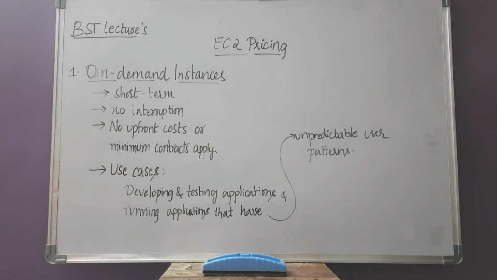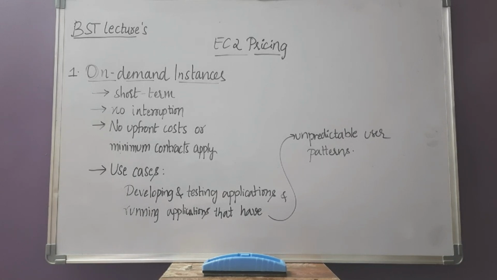In this type of applications, we will use on-demand instances. The additional point I am adding is that the instances run continuously until you stop them, and you pay only for the computation time you have used, right? Okay, this is the whole of on-demand instances.